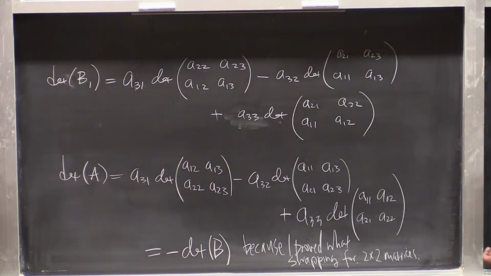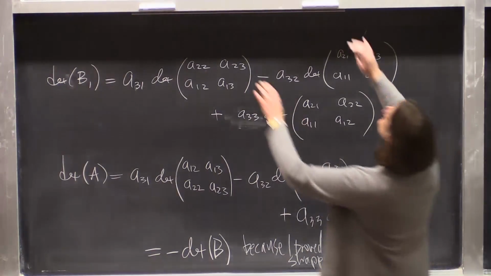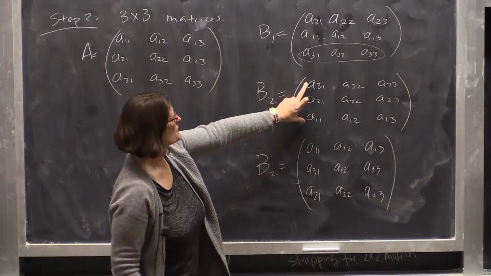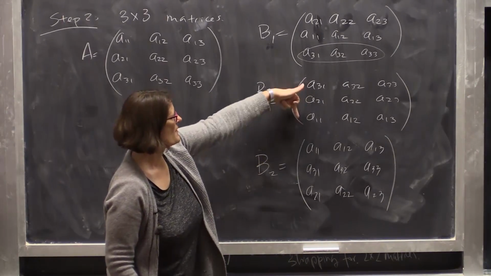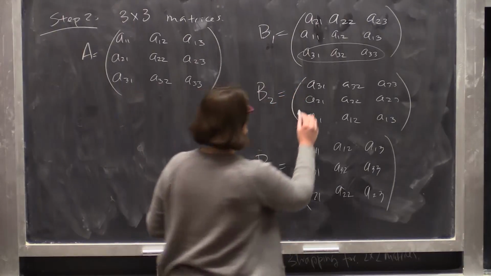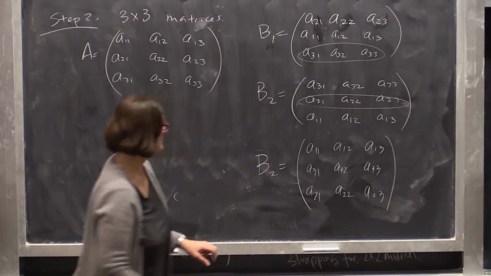So that was B1. Now for B2, which row am I going to expand about? So let's look at B2. B2 I got by swapping rows 1 and 3. Which row am I going to expand B2 about? Second row. And I'm going to repeat that argument.